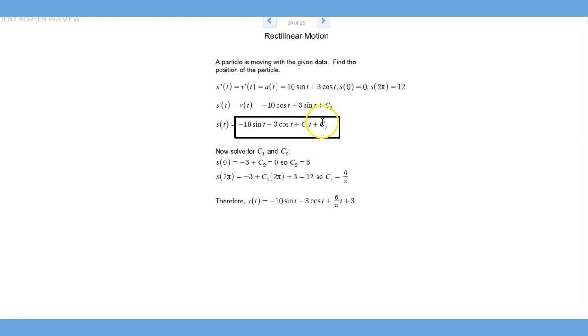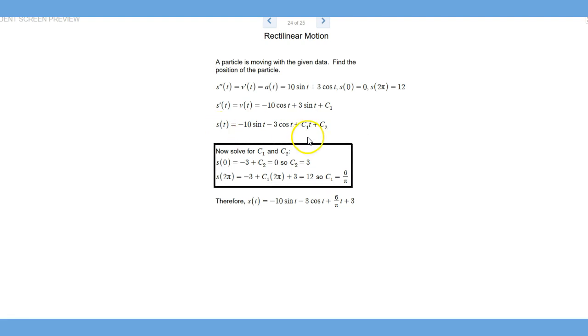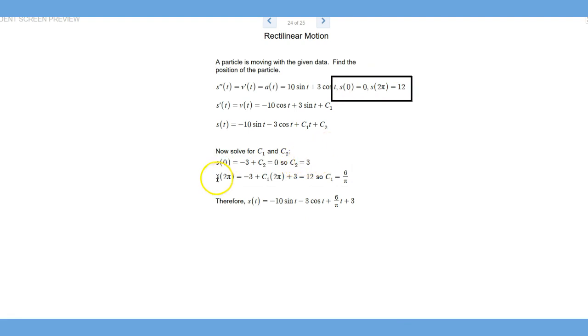And again, I add on an arbitrary constant for this antidifferentiation step to find s. Now I'm going to find c1 and c2 from the two conditions I was given. s of 0 gives me that c2 equals 3, and s of 2 pi gives me that c1 equals 6 over pi. So this is my position function.